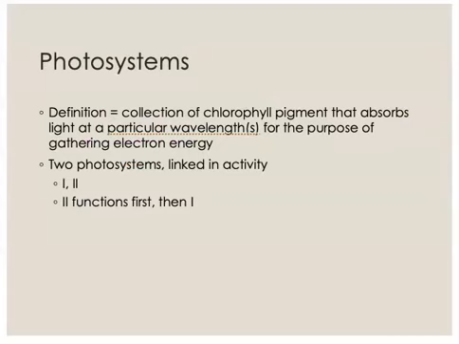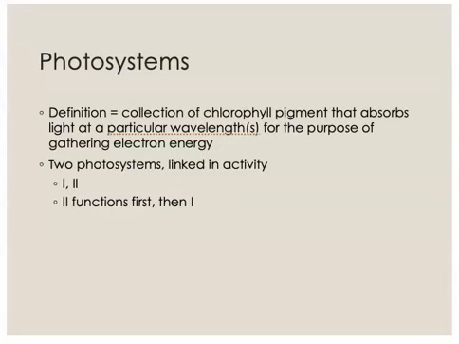Remember, all a photosystem is a collection of chlorophyll pigment molecules. And it's a collection of chlorophyll that absorbs light in particular wavelengths for the purpose of gathering energy from electrons that reside in those chlorophyll molecules. Inside a photosynthetic organism, inside the thylakoid membrane, for example, there are two different types of photosystems.